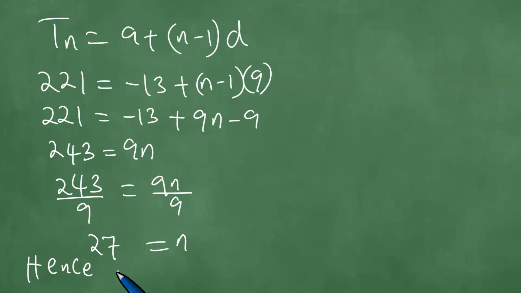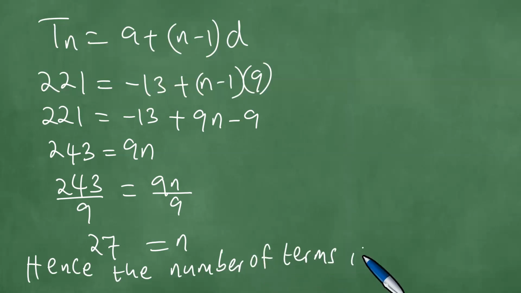Right, hence the number of terms is n equals 27. Okay, done. Next question.